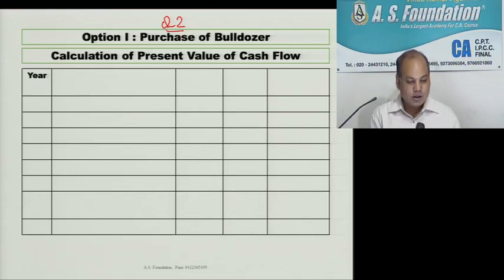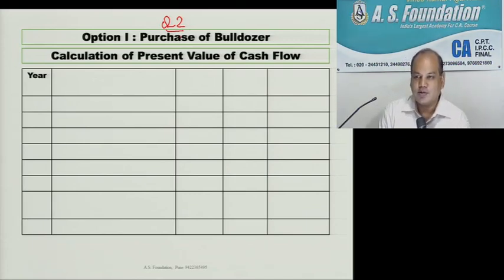And one more line, underline it: excess realization, if any, over the WDV is subject to tax. The previous problem was silent on this matter. We had assumed on our own that excess realization will be subject to tax. Here we don't have to assume, it is given. The effective tax rate is 35%.